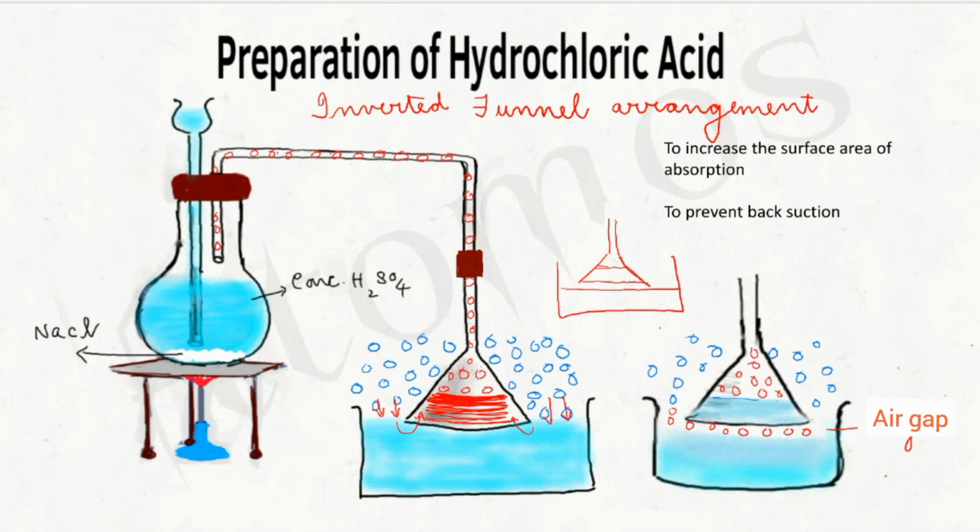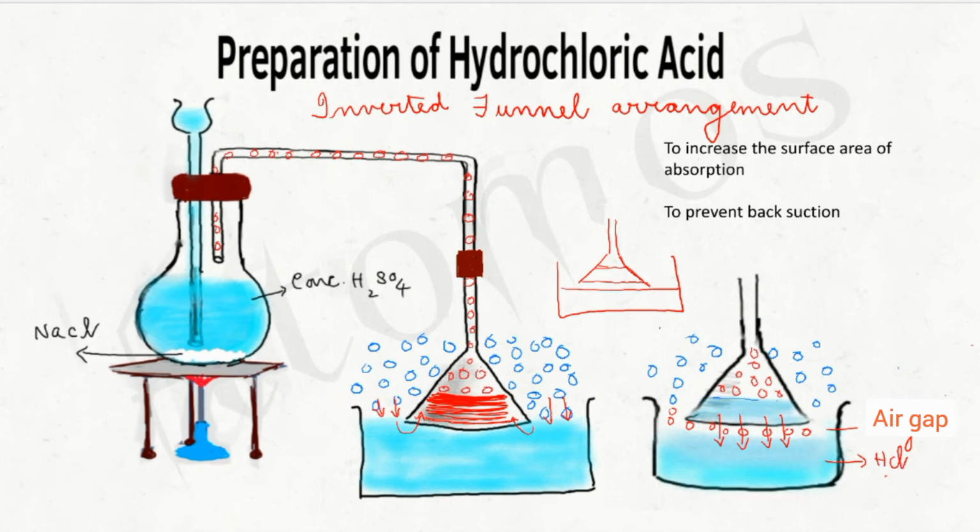So the pressure inside the funnel and outside the funnel will be the same. Due to that, this water cannot stay there inside the funnel. It will have to fall back. So the funnel will be emptied, and this process repeatedly happens, and finally this water will become saturated with hydrochloric acid.